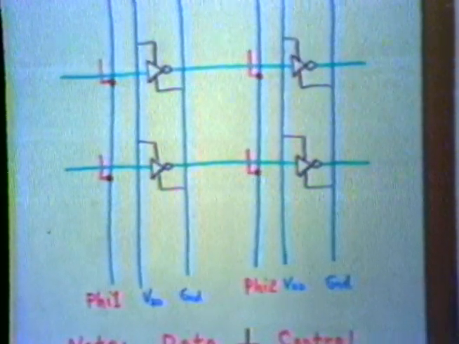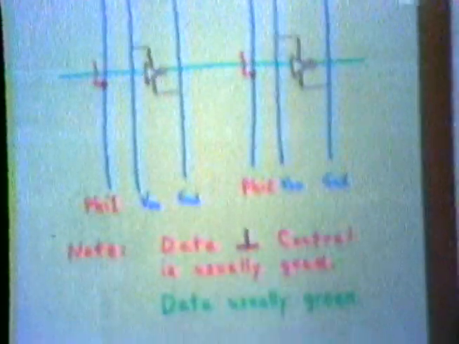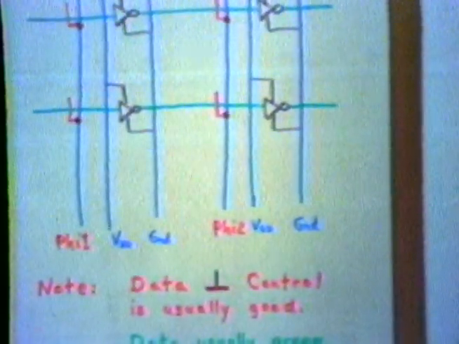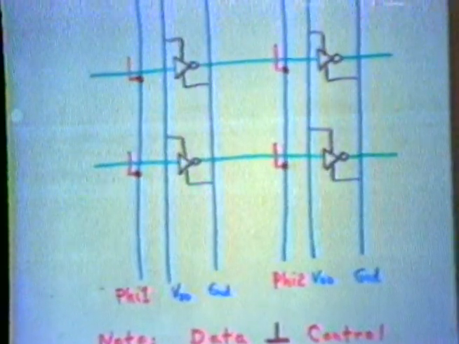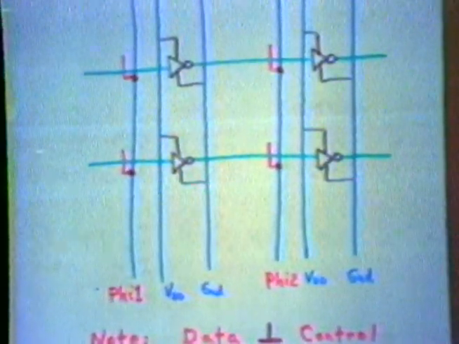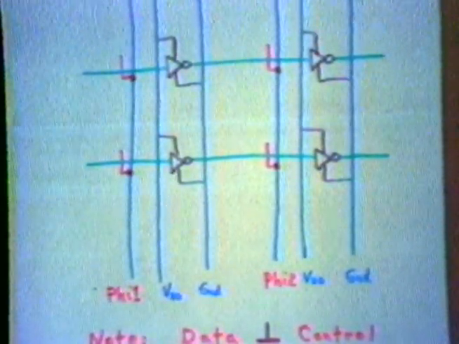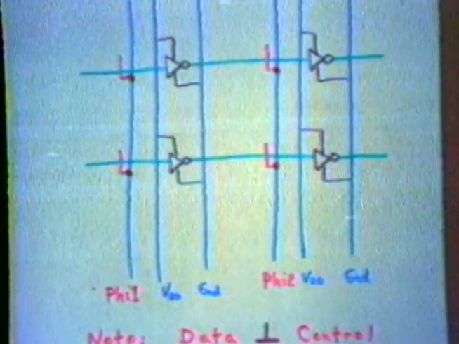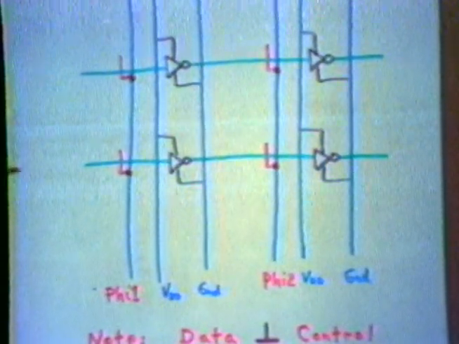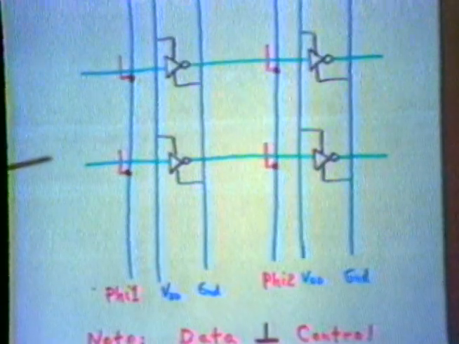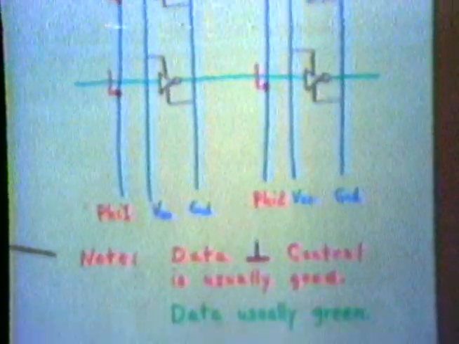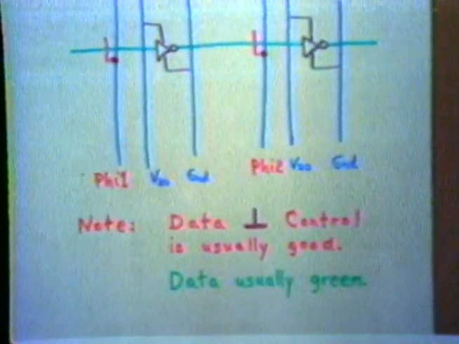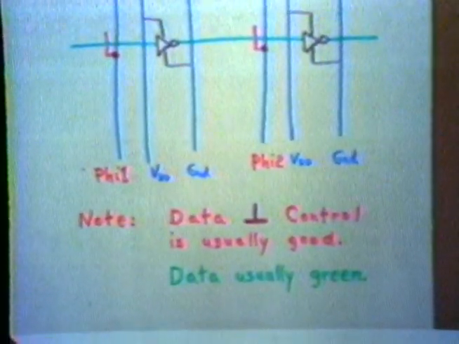I haven't shown much detail in the inverters. I've just drawn black lines coming out of them, connecting to the blue power lines to indicate that in some way they connect. Exactly what the detail of that inverter or other logic function in there is, again, not relevant to what I'm trying to convey here. So the point is, as in the previous case, that the data is orthogonal to the control. If the data runs horizontally, the control lines run vertically.